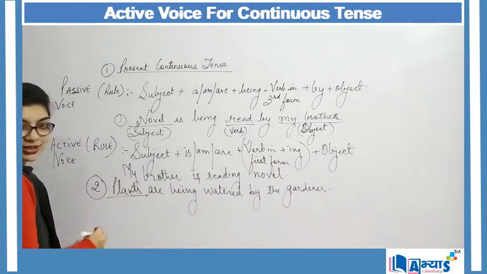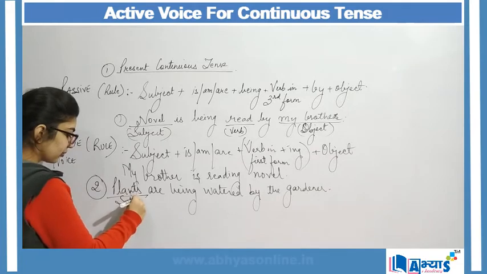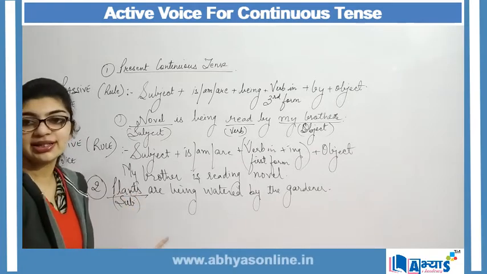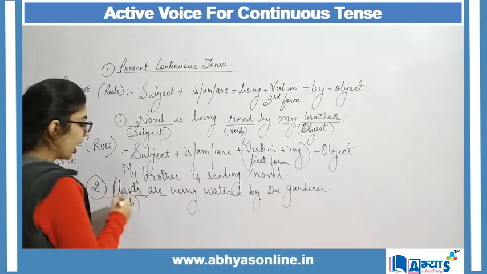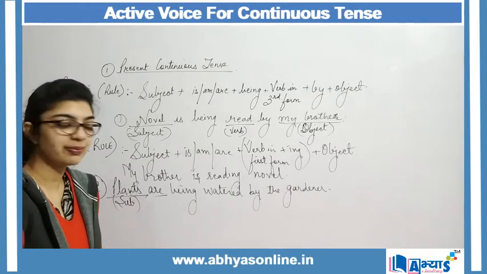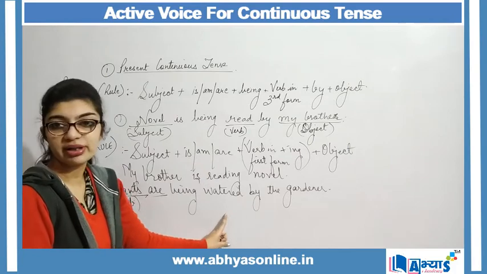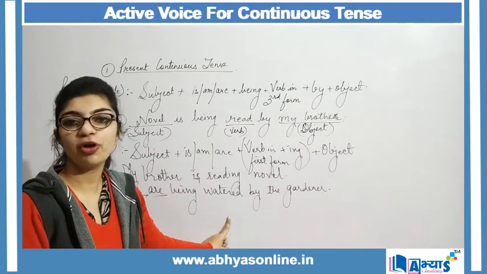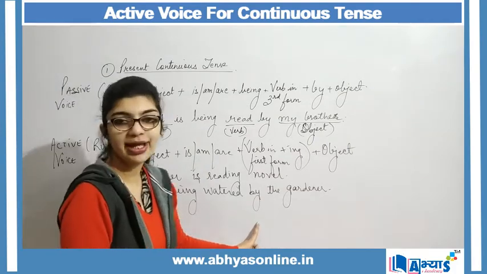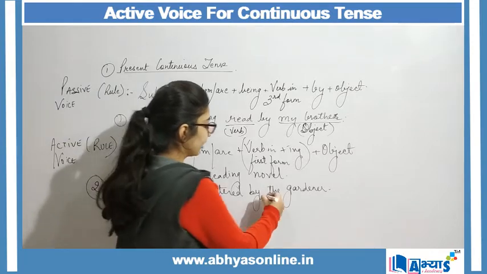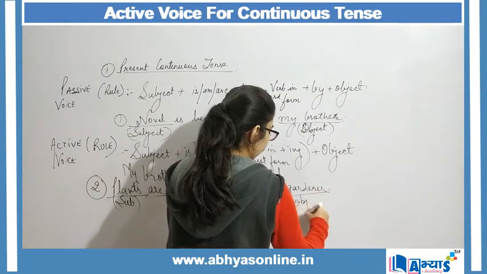Here plants is my subject. Because my subject is in plural form, therefore I am making use of the plural helping verb are. Being. Water is the first form and the third form will be watered. By I am using for passive form, and the gardener over here is my object.